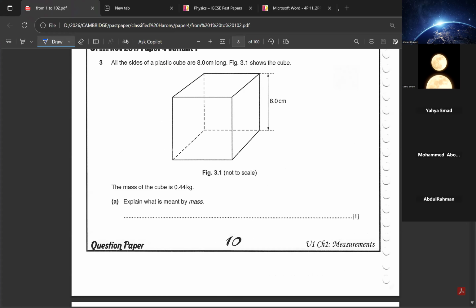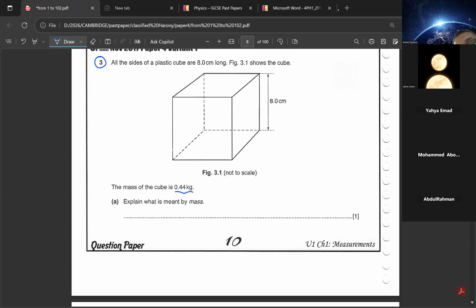Okay, so now, Salma, we are in page 10 from the classified. So now we need to solve this question. Do I read the question? Yes, please. All the sides of a plastic cube are 8 centimeters long. The mass of the cube is 0.44 kilograms.